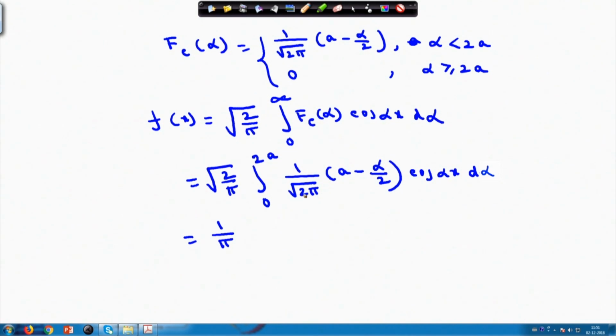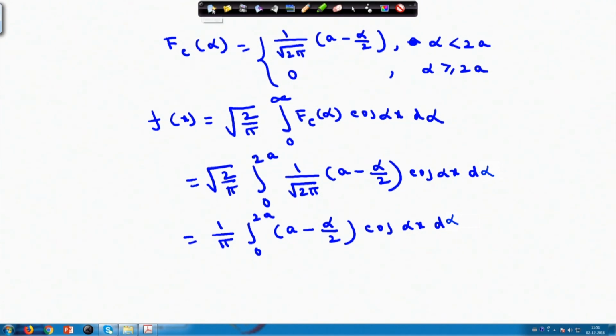So, root 2 will be cancelled, root pi, 1 by pi is coming, 0 to 2a, a minus alpha by 2 into cos of alpha x, and you can find out the integral very easily. So, up to this I think it is fine that f x equals 1 by pi, 0 to 2a, a minus alpha by 2 into cos of alpha x d alpha.